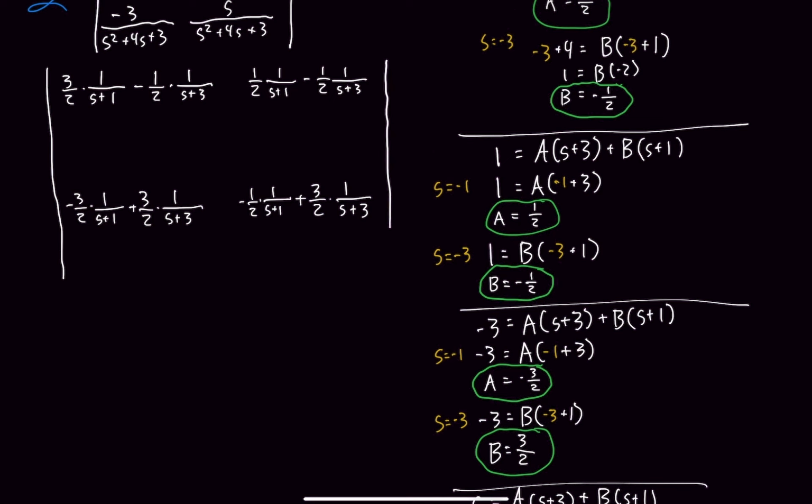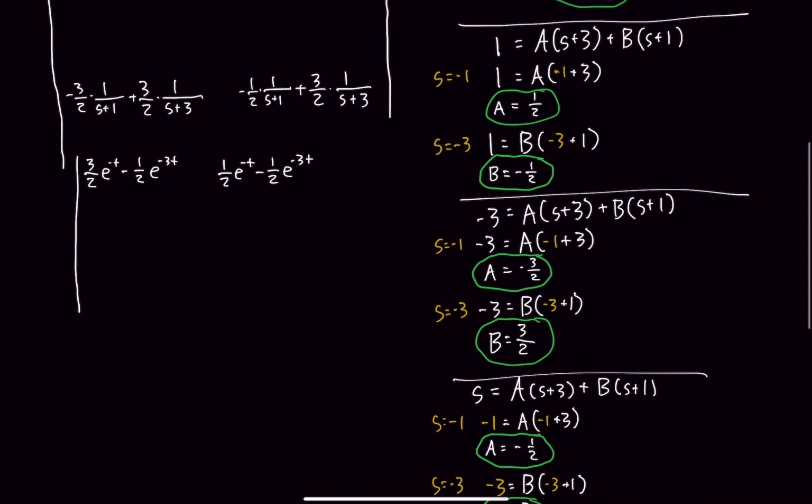Now this is a little bit easier to inverse Laplace. Inverse this, we're going to end up with 3 over 2 e to the minus t minus 1/2 e to the minus 3t, 1/2 e to the minus t minus 1/2 e to the minus 3t, and then minus 3 over 2 e to the minus t plus 3 over 2 e to the minus 3t.